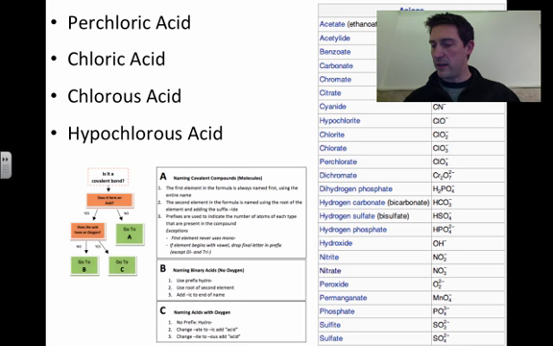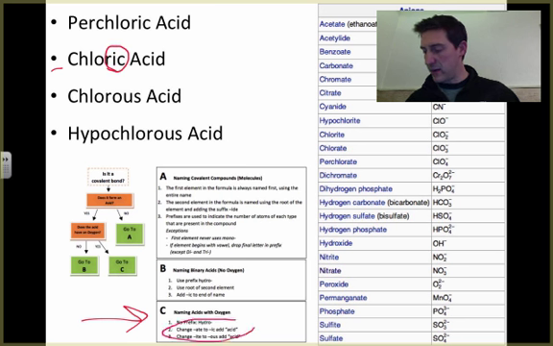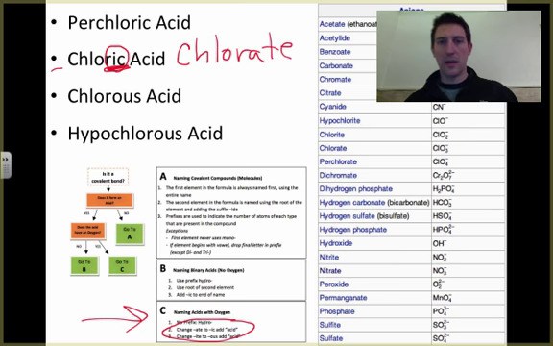Let's look at chloric. So chloric, again, it does not have hydro at the front, so it's got to be an oxyacid. It still has ic. If we come down here, ate turns to ic, so this used to be chlorate. We find chlorate over here.